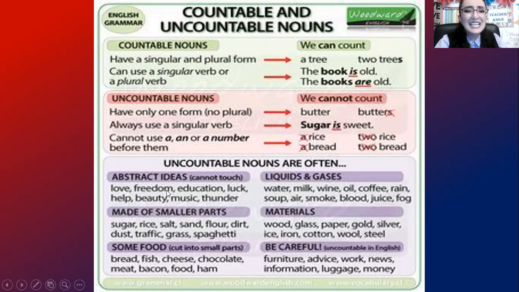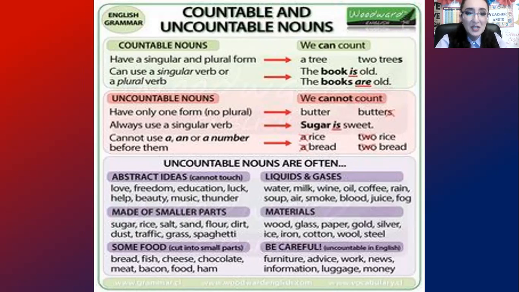Abstract ideas, something that you cannot touch, things made of smaller parts like sand, flour, dirt, spaghetti, grass, sugar, rice, traffic, because it is made of some specific situations, and food.